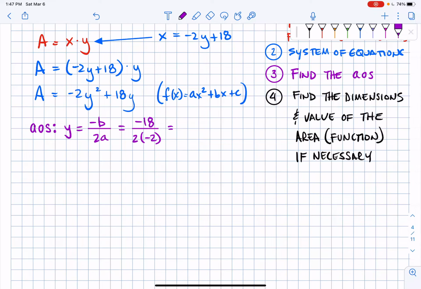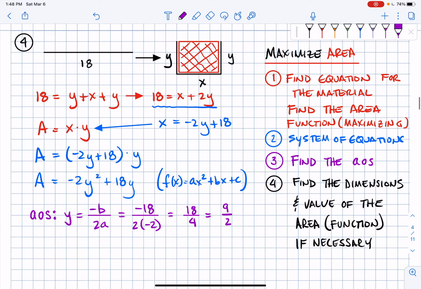Actually, that should be positive 18 over 4, which is equal to 9 over 2. So that's my axis of symmetry, my y value in this picture. In other words, y is 9 over 2.